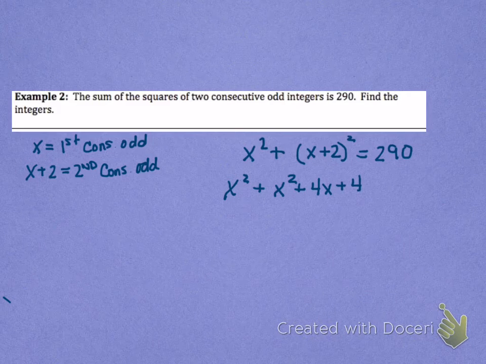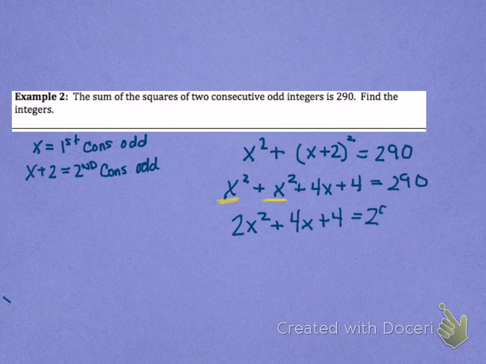Now you could write that out and FOIL it if you're not sure how we're getting to that. And we get 290. Then we want to simplify and get everything to one side. So we've got a couple steps to do here. We have like terms, so 2x squared plus 4x plus 4 is equal to 290.